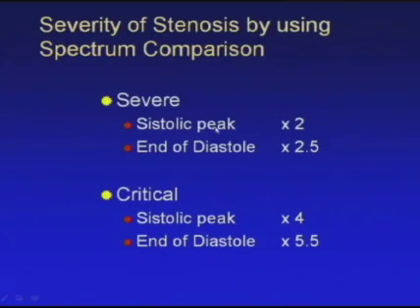If the systolic peak velocity doubles the previous velocity, or the end diastolic velocity makes 2.5 times, this is a severe stenosis. And we can say that we have a critical stenosis when the systolic peak reaches 4 times the previous velocity, or the end of diastole reaches 5.5 times.